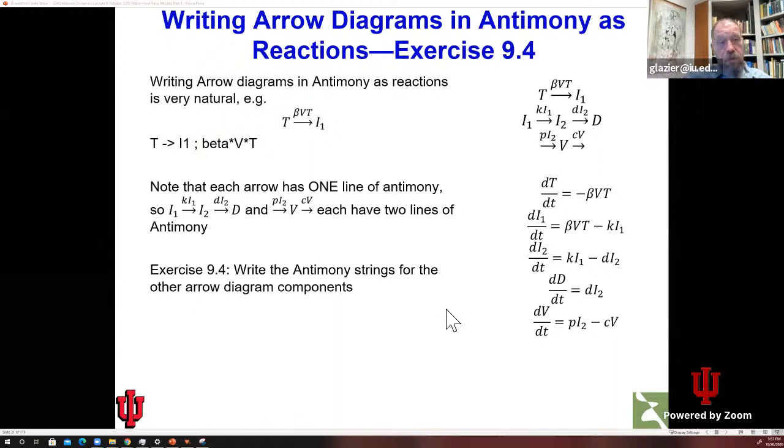Again, I'm doing these very simple examples so that you get some practice in a situation where you know what the answer is. That way, when you have to look at a more complicated set of equations, you have more confidence in being able to do that.